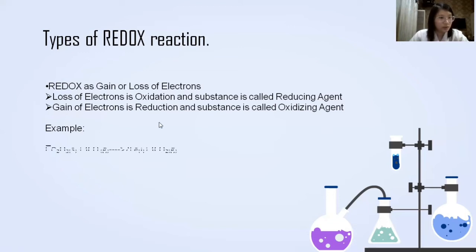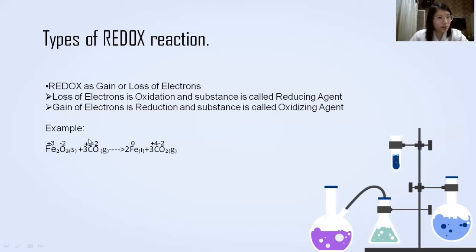So, for example, in this reaction, ferric oxide and carbon monoxide yield iron and carbon dioxide. To know which reactant will gain or lose electrons, we must first find the charges. Iron in ferric oxide will be +3 and oxygen will be -2.